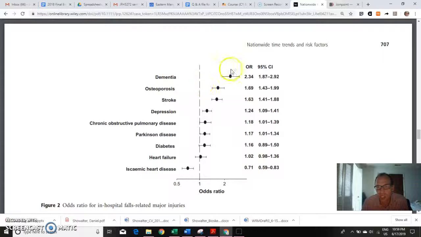So we have dementia. We can see a little plot here and an odds ratio, confidence interval. What all is going on here? Well, let's start with the odds ratio, the 2.34.